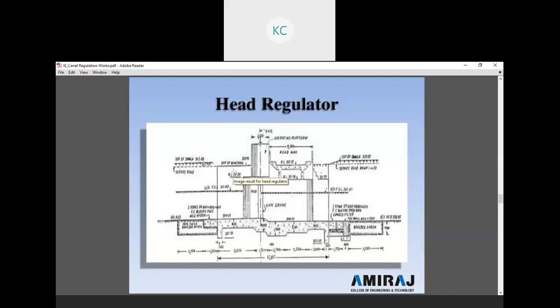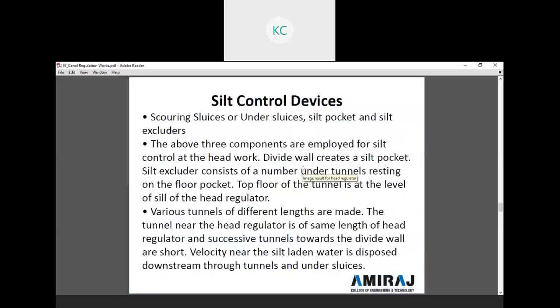On top of the head regulator, a roadway is constructed for vehicular movement as well as for people's movement, for checking, maintaining, or operating the particular head regulator. Sometimes an operation room is also constructed on top of the head regulator. So the roadway is provided for reaching that operation room and operating the head regulator for the required purposes.